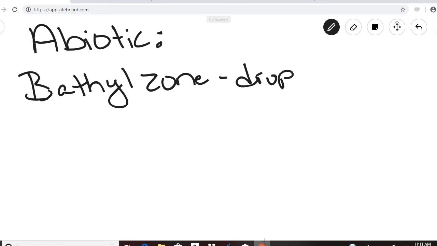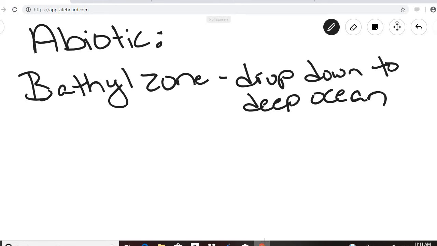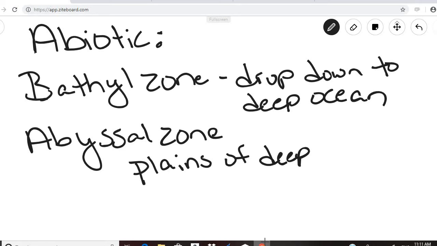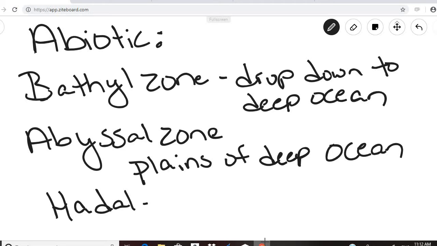And we've seen some of this before in the first module, I think. The abyssal zone is the plains of the deep ocean, the flat area. And then the hadal zone are the trenches of the deep ocean. So the deep ocean trenches.